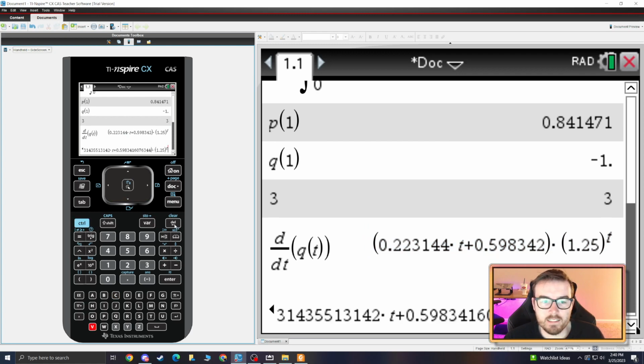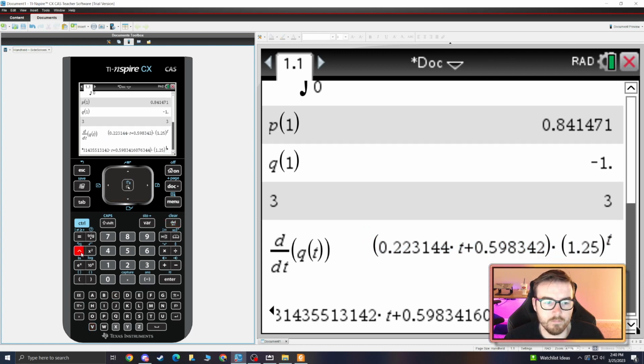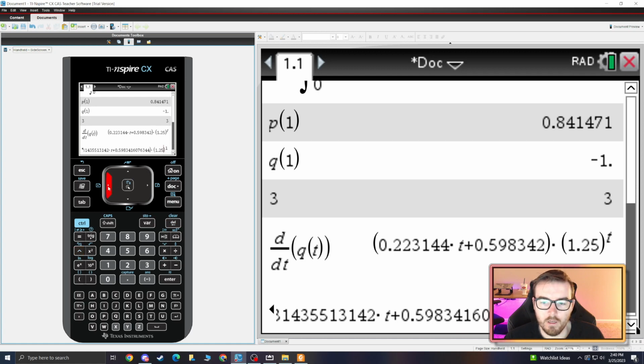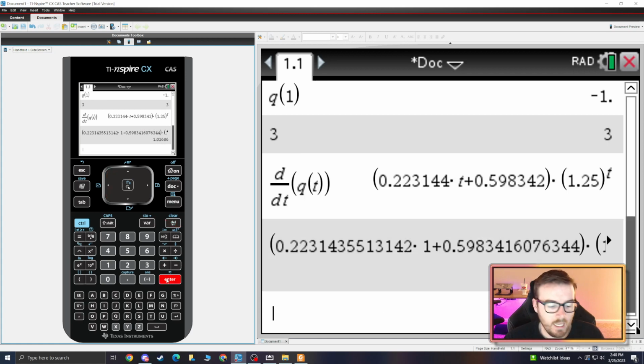And then I'm going to replace this t way over here with a 1. Hit enter, and I got 1.02686. So I'm going to jot that down.